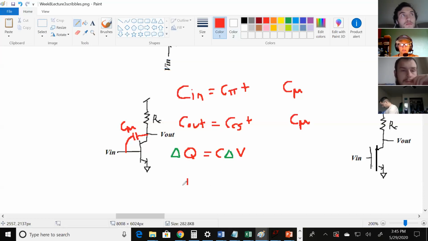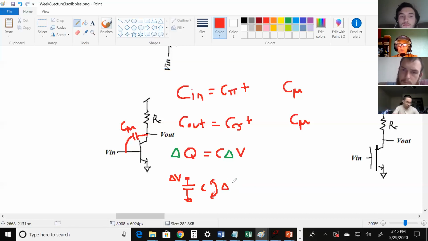Let's say I have some capacitor and I take this voltage right here and I change it by delta V. There's going to be some change in charge delta Q. And it only has to change its charge enough to change the voltage across the plates.